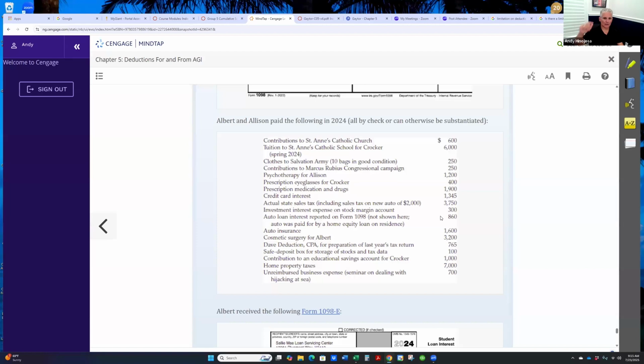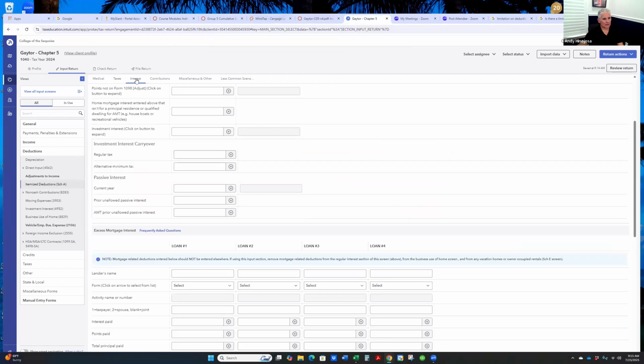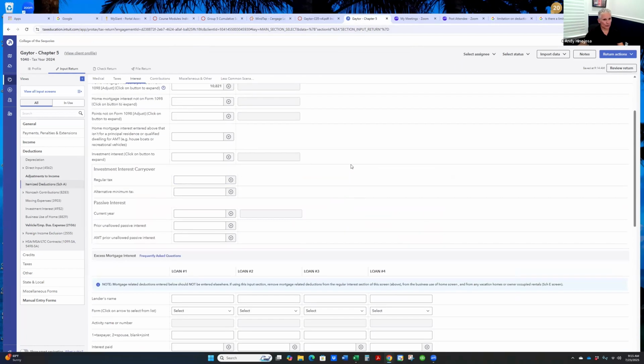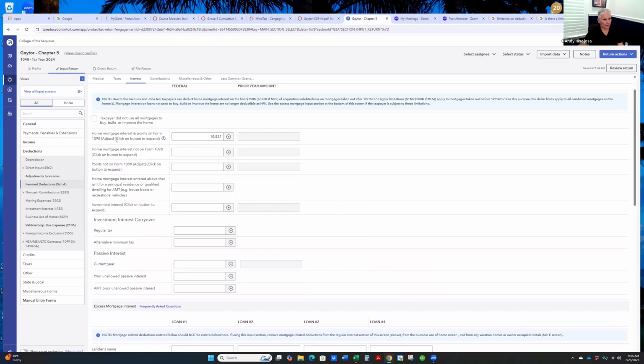If they had no income, then it would not be. But they do, so we're going to go ahead and enter the $300 in. Let's go to interest. Same section or area where we entered the home mortgage. We'll look for investment interest and we'll enter that $300.